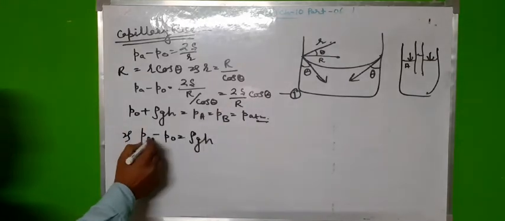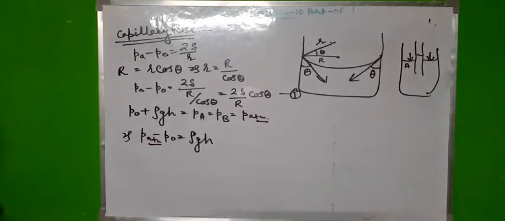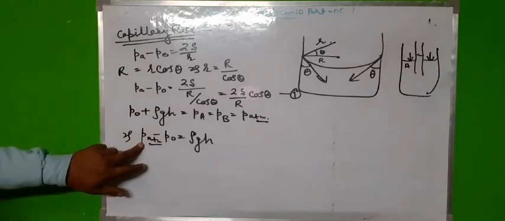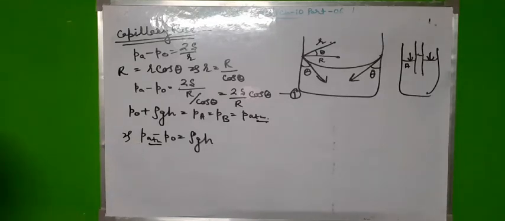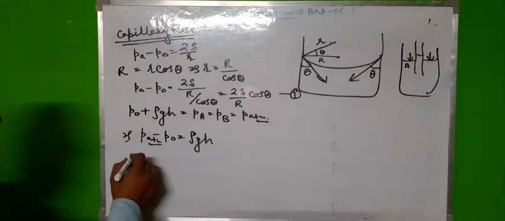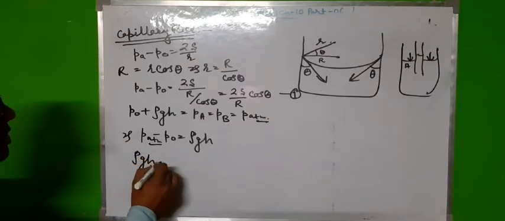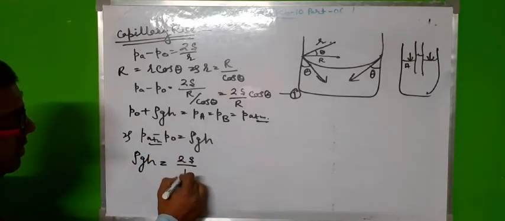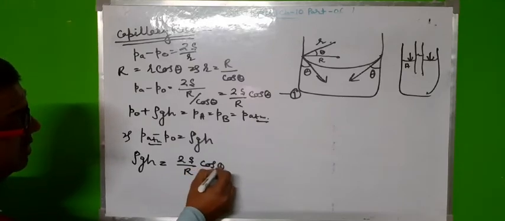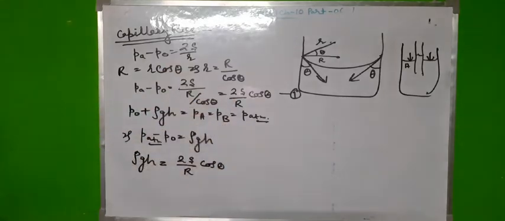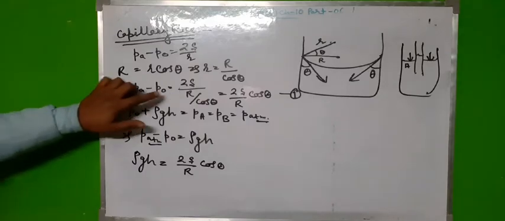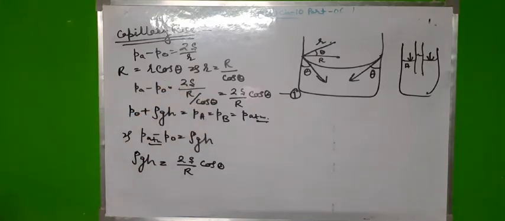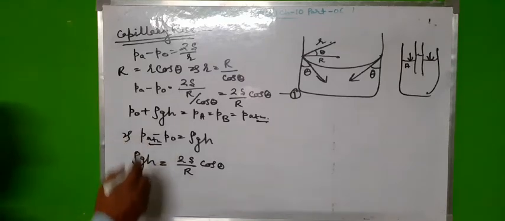So rho gh is equal to 2s upon r cos theta, as we had calculated, and from here h can be calculated.